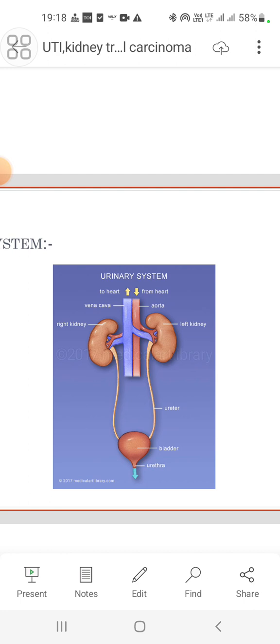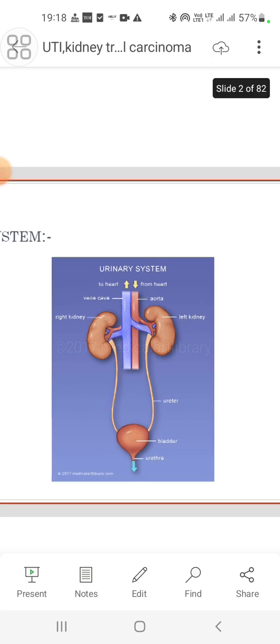The filtration of blood occurs in the kidney, that means in the glomeruli. 99% of the blood goes back to the intravascular space, and 1% is drained out as urine from the kidney to the ureter, from the ureter to the bladder, and from the bladder to the urethra.